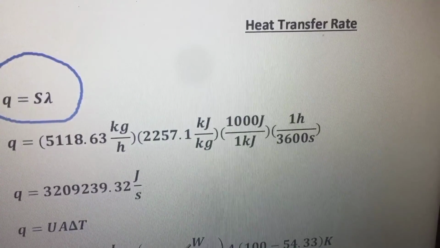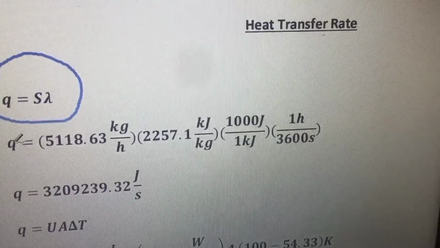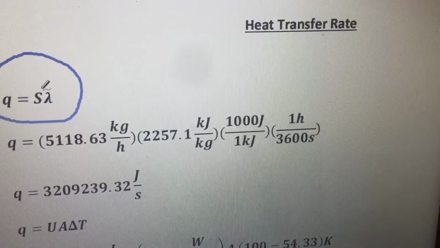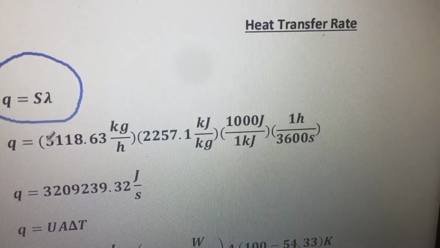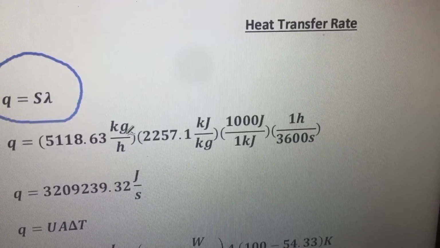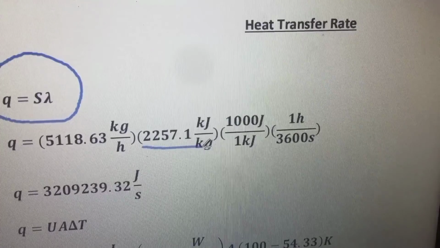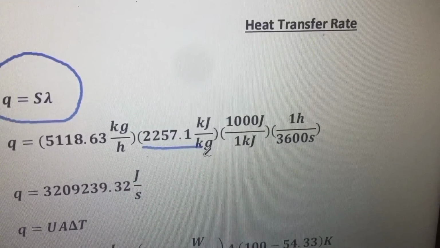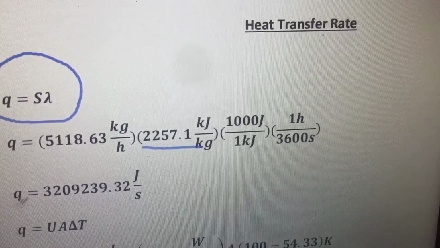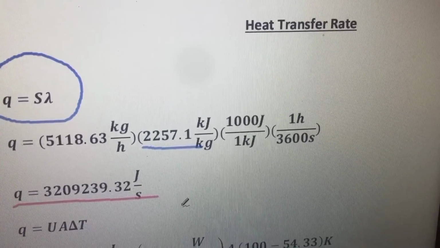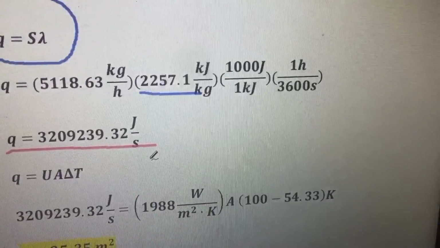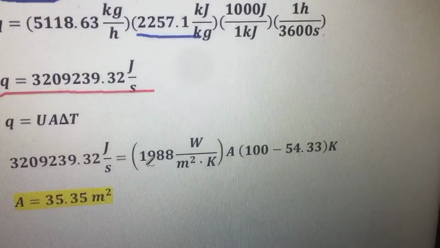Since we already obtained the value of our steam consumption, S, we multiply that value by the latent heat, 2,257.1 kilojoules per kilogram, and convert it to joules per second. The answer for Q would be 3,209,239.32 joules per second.